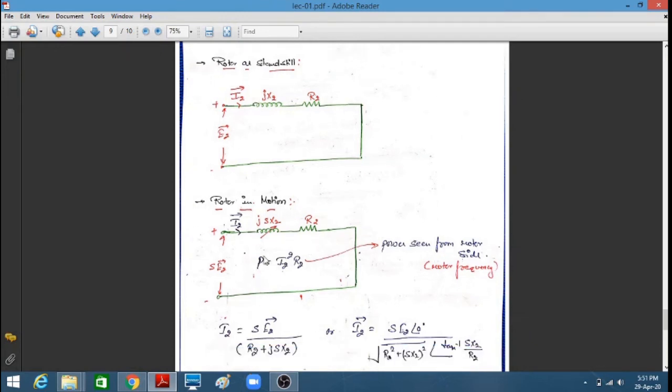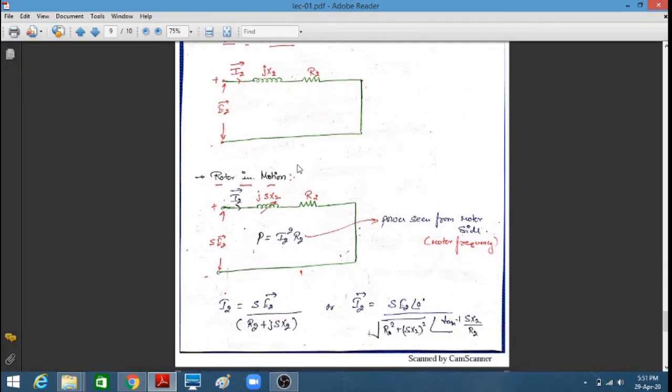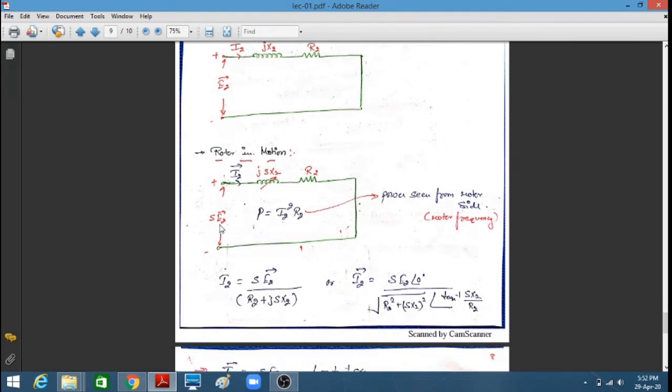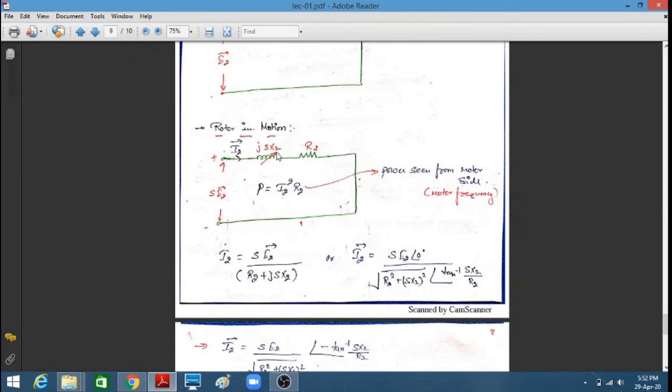So we are just redeveloping the circuit. Just divide the whole circuit by s. You can see sE2 will become E2, jsX2 will become jX2, and R2 will become R2 by s. This is a simple KVL equation. You can see it is understandable.